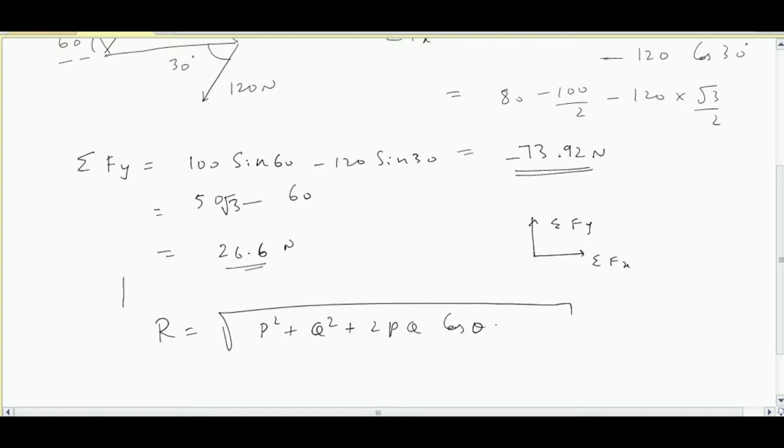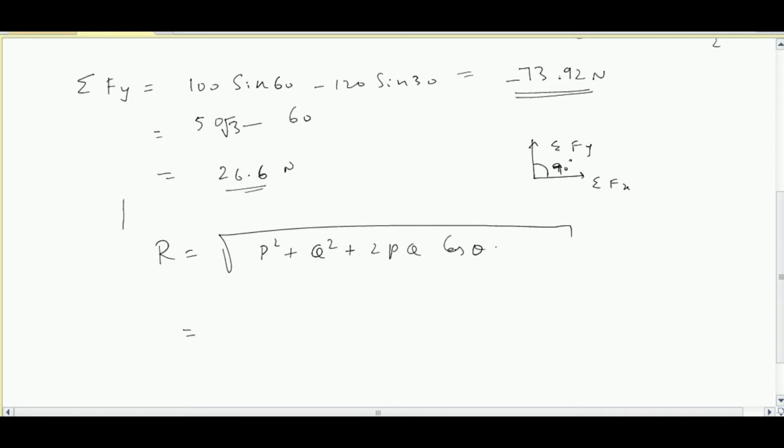So how do we find the resultant between two forces? Using the parallelogram law or the triangle law. Now let us find it using the parallelogram law, because it is the easiest way. So R is equal to root of P square plus Q square plus 2PQ cos theta. Theta is the angle between the two forces.